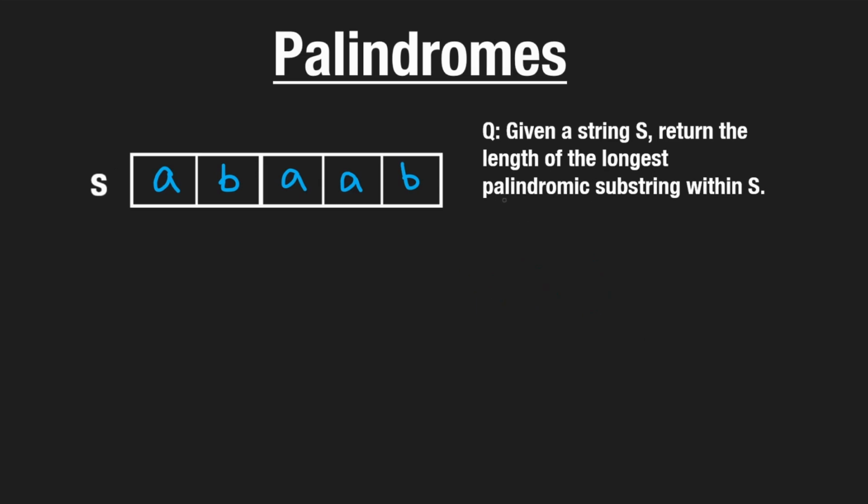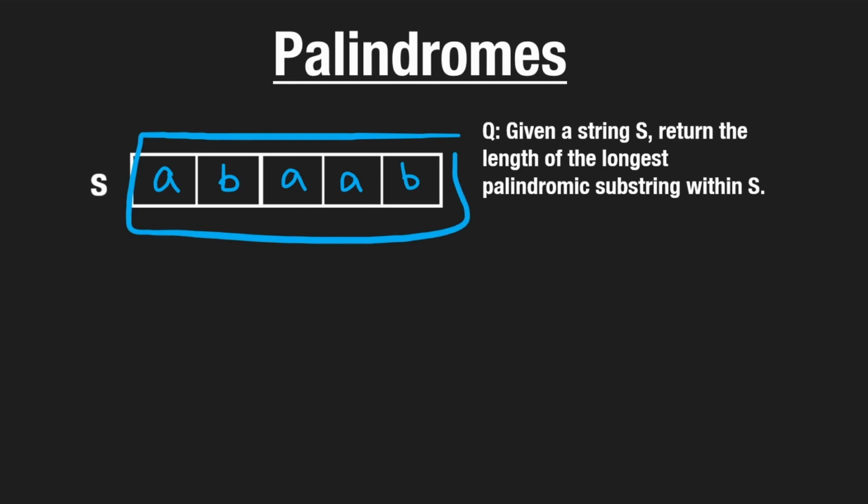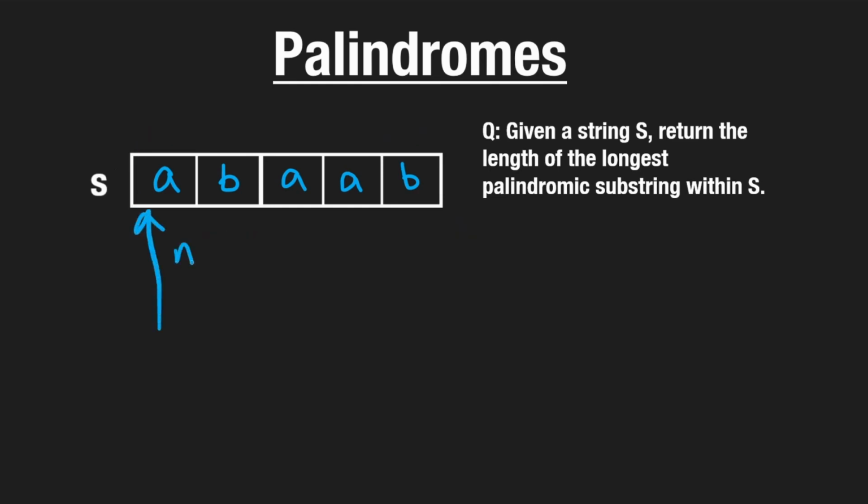To find the longest palindromic substring, why don't we just take every single substring? For example, every substring starting at the first character, that would be this substring, that would be this substring, and keep going like that. So basically there are n substrings starting at this character. We can do that for every single character in the input.